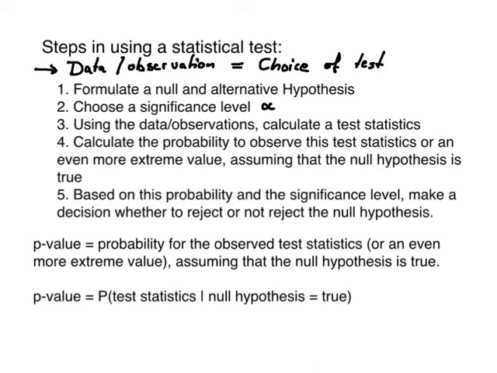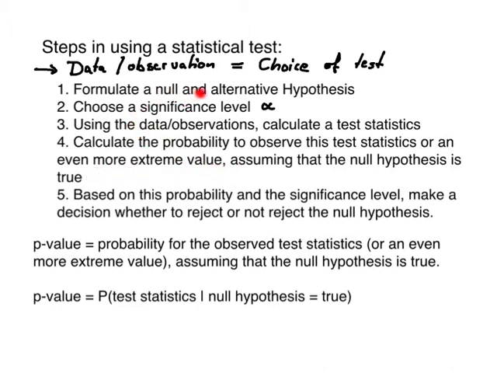What we then do is we take this test statistic, and that's the important point for statistical testing. We take this test statistic, for example, a t-value, a chi-square value, a z-score, or something like that, and then we calculate the probability of observing exactly this particular value for the test statistic, or an even more extreme value, and we calculate the probability assuming that the null hypothesis is true, that the null hypothesis is correct.